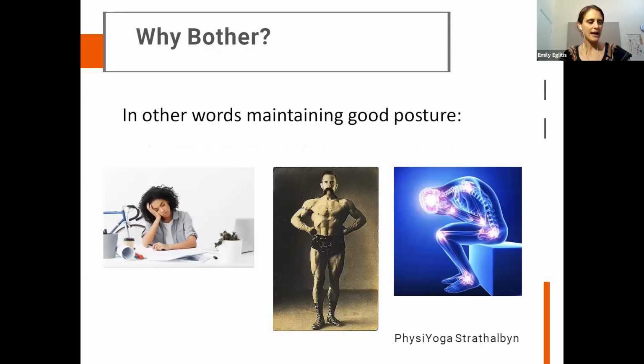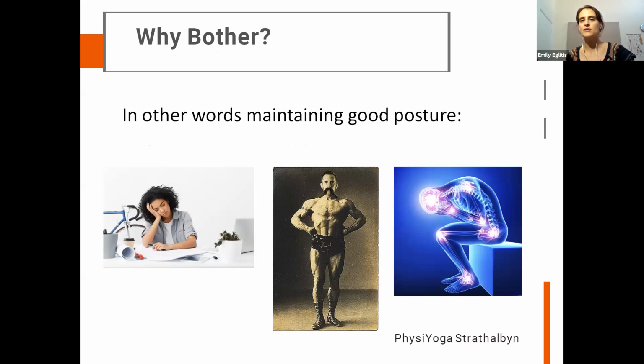And so why even bother achieving good posture? Well, basically force transmission through the tissues, such as your bones and muscles and ligaments and fascia, so all the soft tissues, will respond to load.